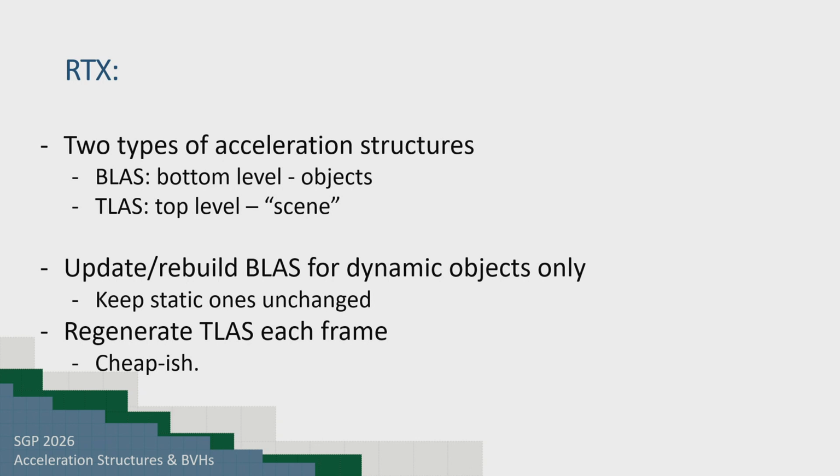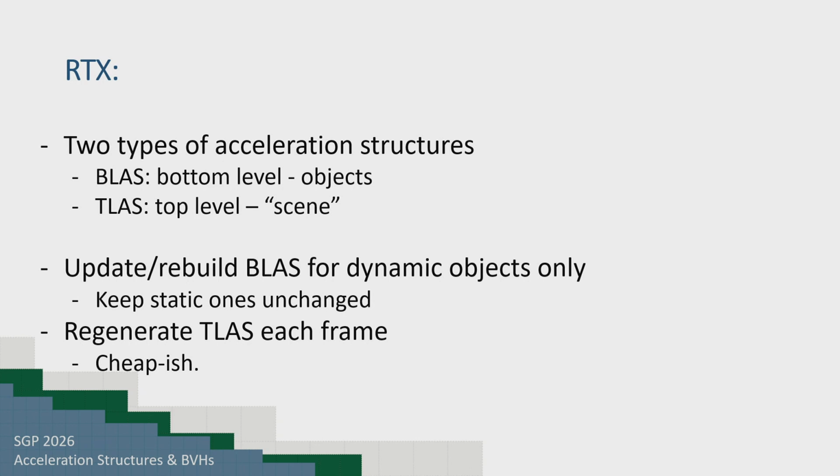The bottom level acceleration structure, in very short, would be the thing that actually contains your different objects, triangles typically, whatever is in your leaf data. You build a number of bottom-level acceleration structures, maybe one for each object, and then you combine them into these top-level acceleration structures, which is kind of the root of your tree.